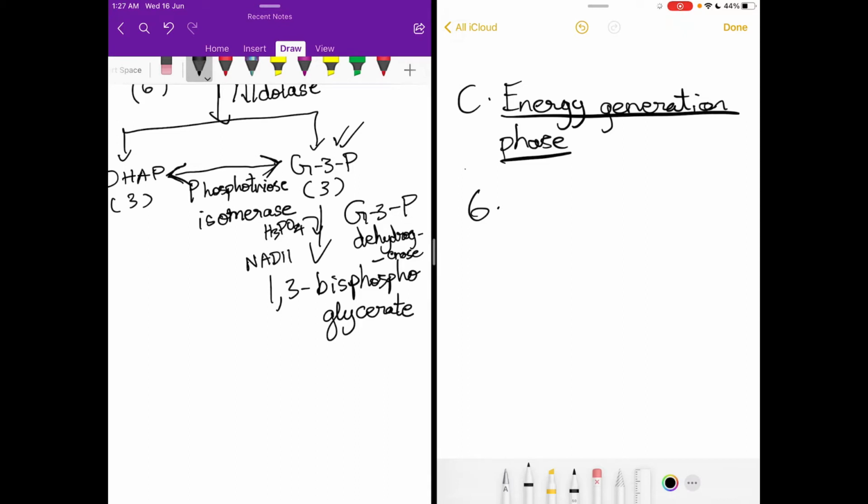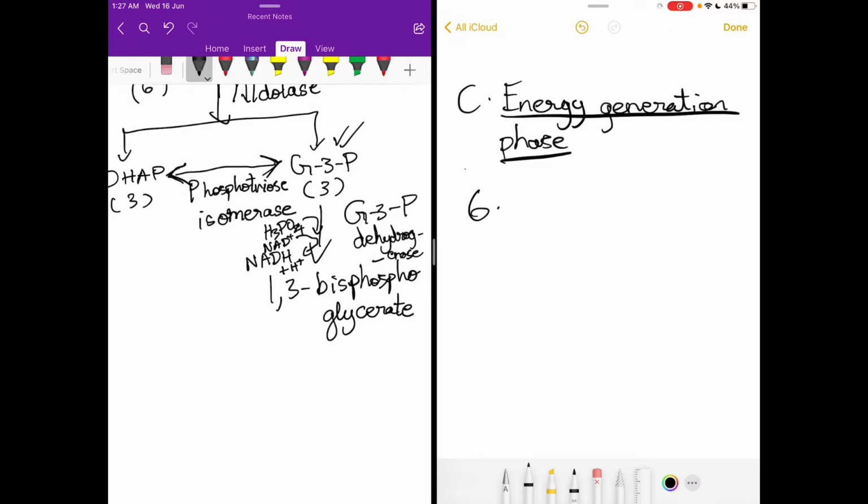So from where do we get NADH? We also have another component called NAD plus. This NAD plus, along with this phosphoric acid, is going to give us NADH along with 1 proton, which is H plus.